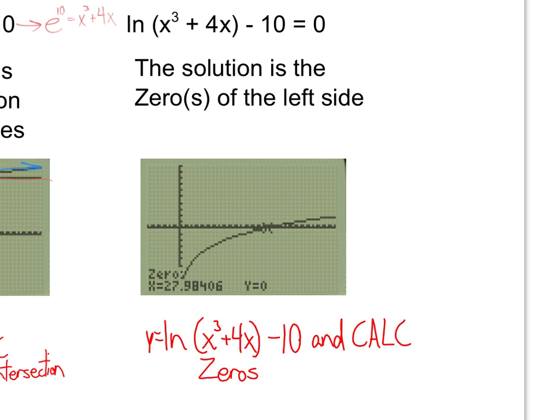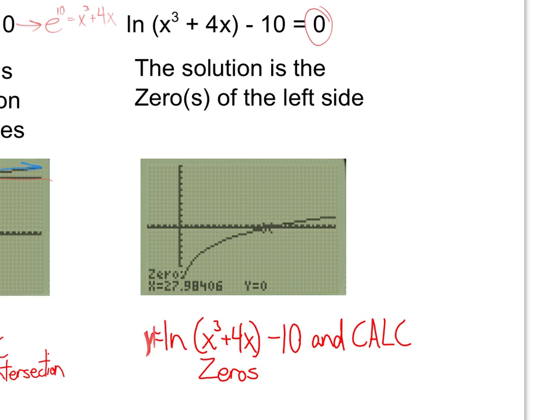I'm going to put that natural log of x cubed plus 4x minus 10 into the y1. But now I'm not calculating an intersection because I only graphed one thing. I want the intersection of this graph with the x-axis because it's got to equal 0, right?